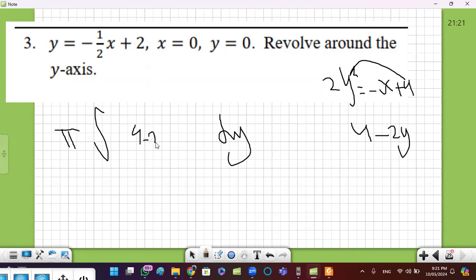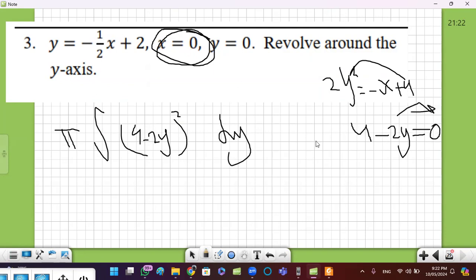From what to what? 4 minus 2y equal 0, because y equals 0. 2y equal 4, y equal 2.